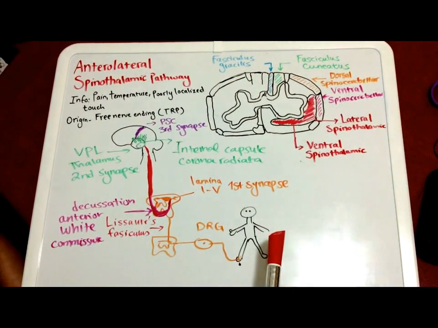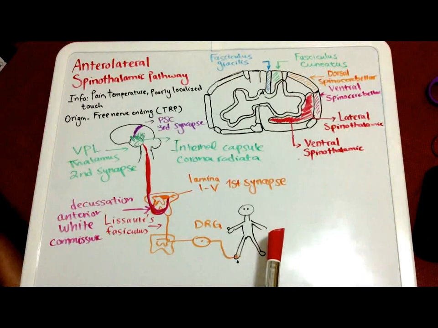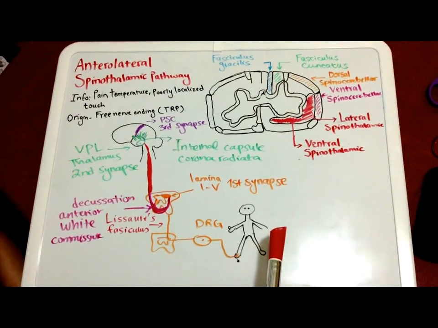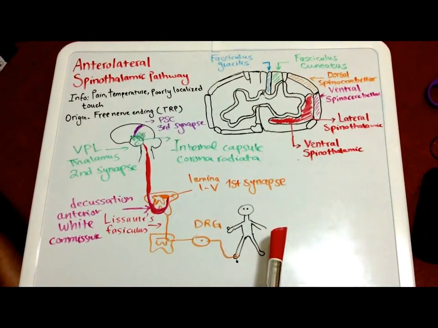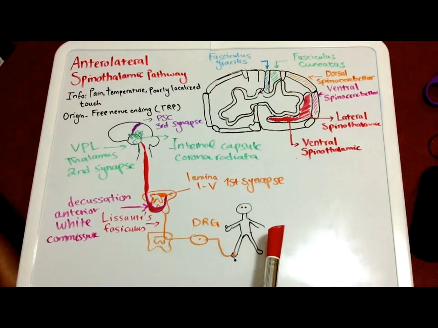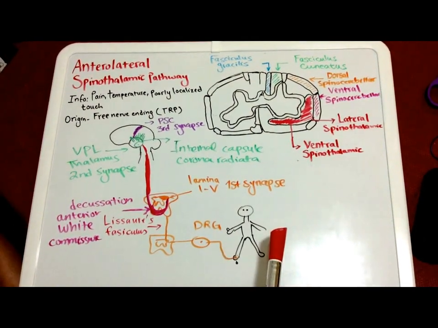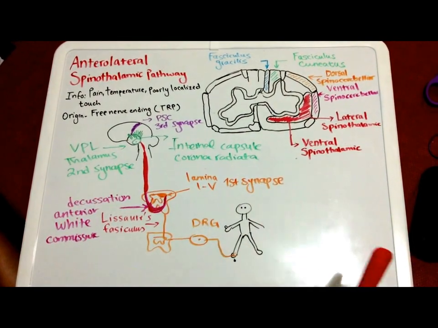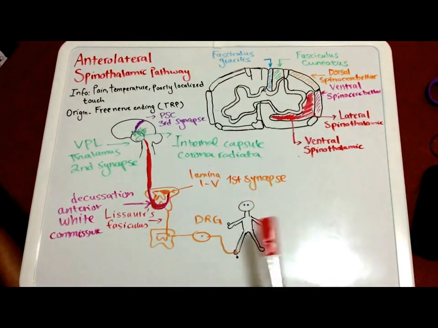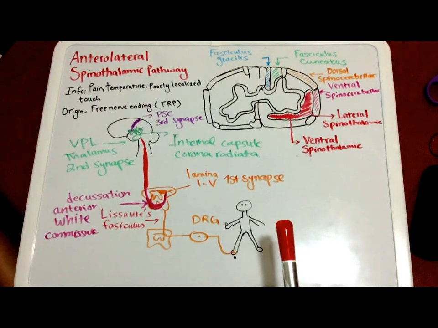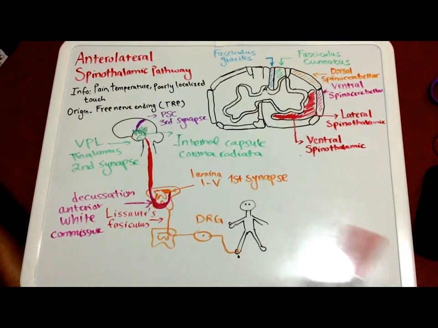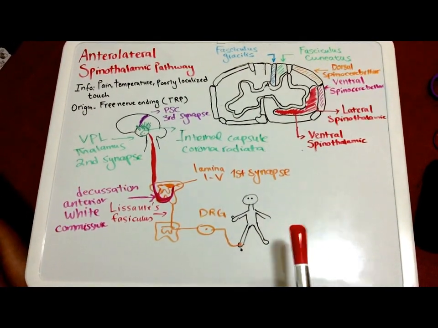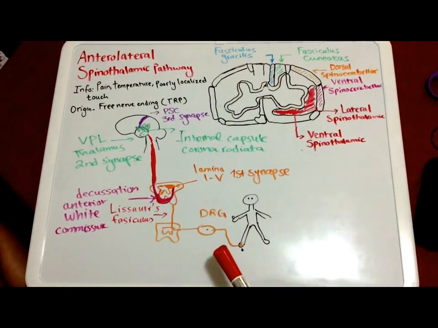So if the patient has a stroke on the right side in their midbrain, they are going to show symptoms on the left side that carries both information. So they're going to have issues maybe with lack of pain or too much pain, temperature and poorly localized touch, as well as tactile discrimination, joint sensation and vibration on the contralateral side.